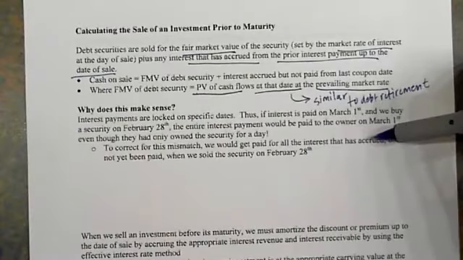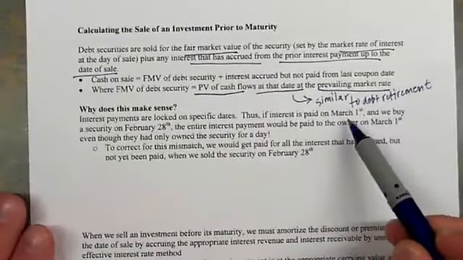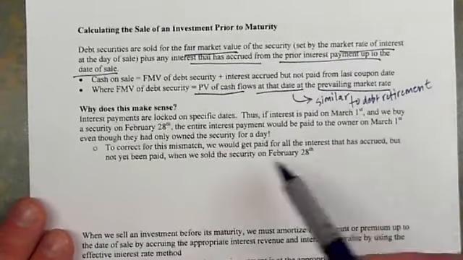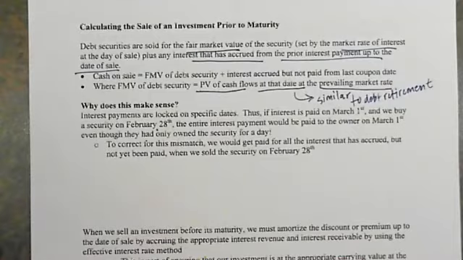So why does that make sense? Again, it makes sense for the same reason that it has to be paid with the coupon payment in mind. For example, if I took an extreme example, if I pay interest on March 1st, on whatever security, and we buy that security on February 28th, we're only going to hold that security for one day, but we will receive the entire interest payment on March 1st, even though we only held it for one day, but we don't deserve it, right?